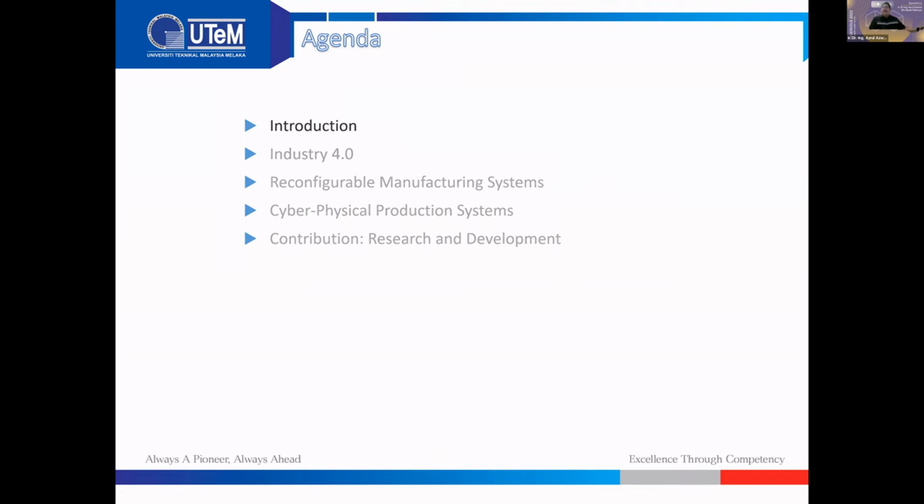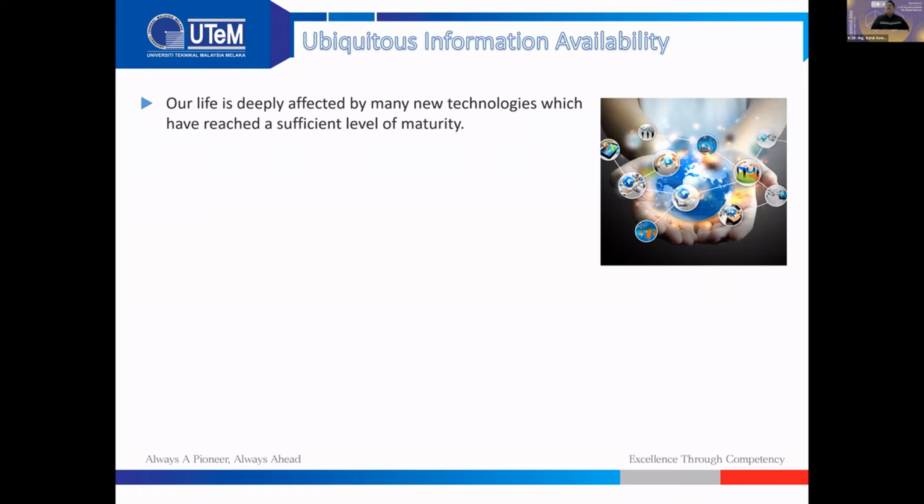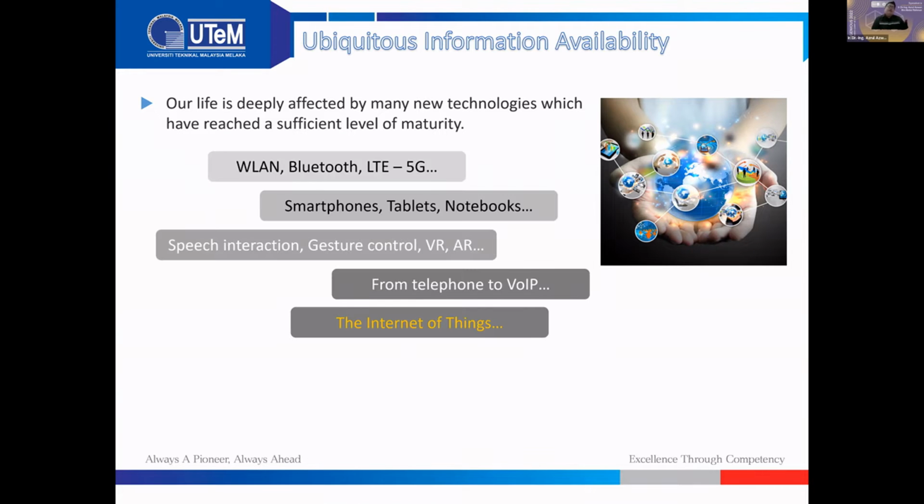Okay, let's take a look at the introduction. Nowadays, I believe all of us agree that our life is deeply affected by many new technologies which have reached a sufficient level of maturity. We have high-speed wireless LAN, and we're going to have LTE and 5G.